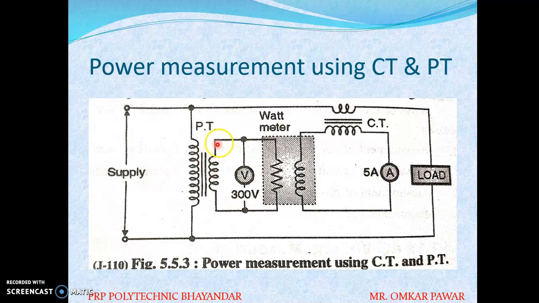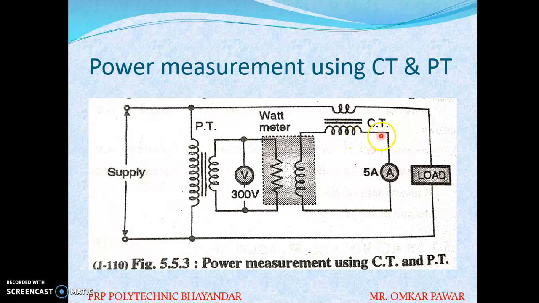In the secondary of the PT we connect the voltmeter which measures the voltage, and next is the wattmeter, or we can directly connect the wattmeter in order to measure power directly. And the CT is connected in series with this line, and the CT is basically a step up transformer which steps up the voltage but steps down the current.